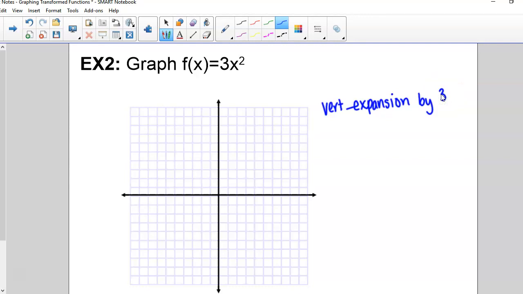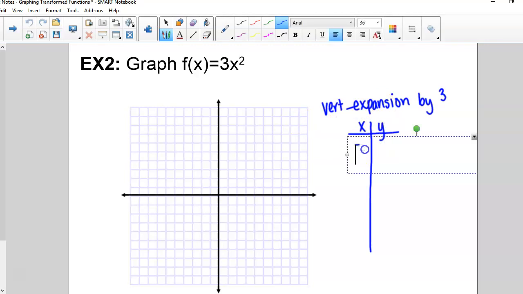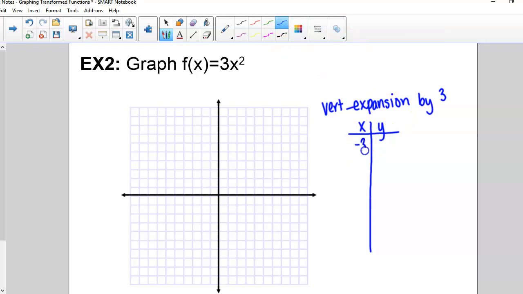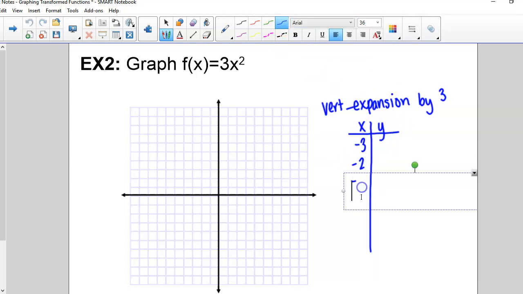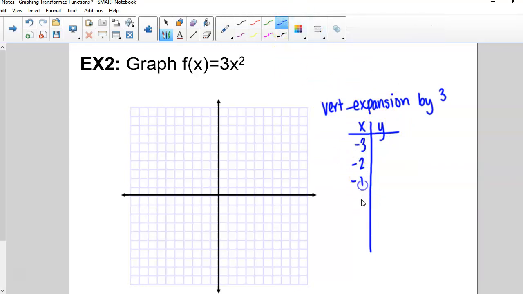Now, I don't really need to do this, but I'm still going to make my table for a very specific reason here. So if I make that table for x squared, I do -3, -2, -1, 0, 1, 2, 3. -3 squared is 9, -2 squared is 4, -1 squared is 1, 0 squared is 0, 1 squared is 1, 2 squared is 4, 3 squared is 9.